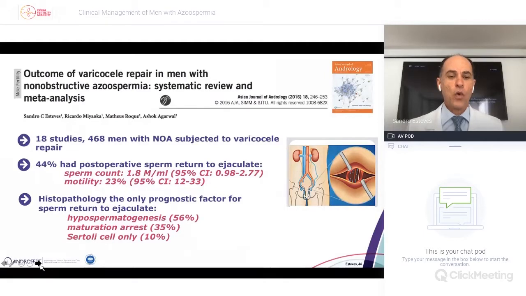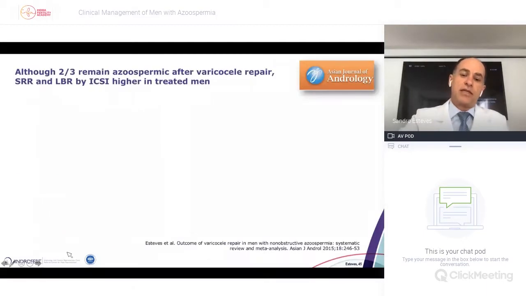it to the pathology. So when the histopathology report shows hypospermatogenesis or maturation arrest, the chances of having sperm in the ejaculate are substantially bigger than when the patient has Sertoli cell only in the histopathology report.